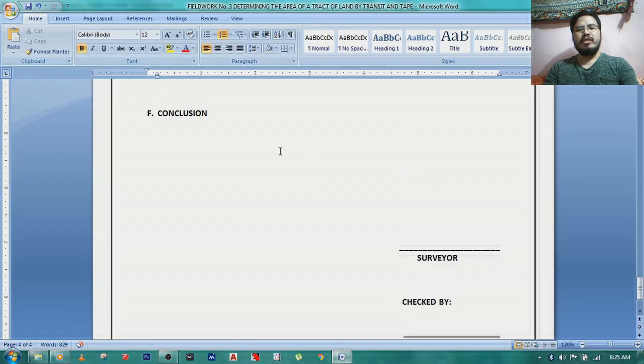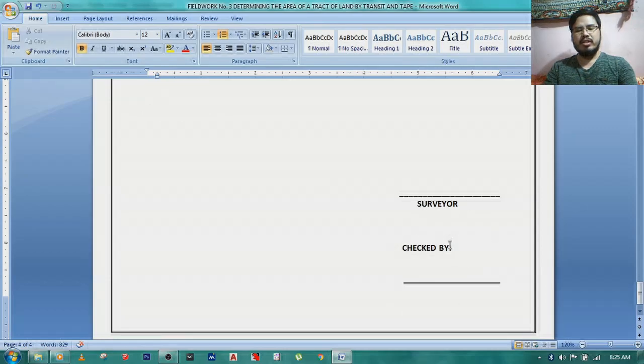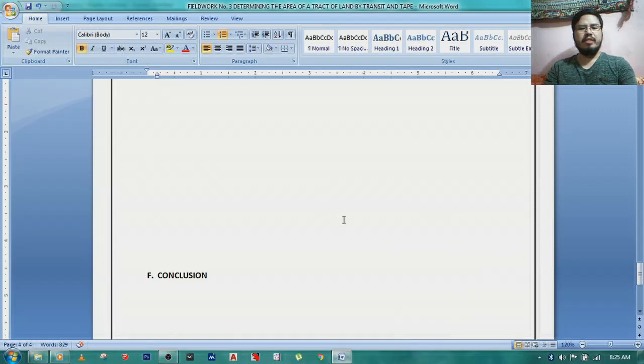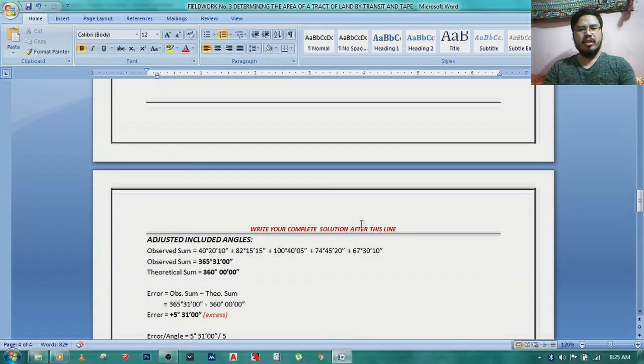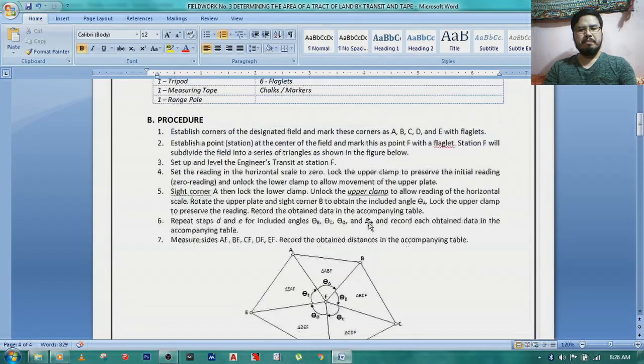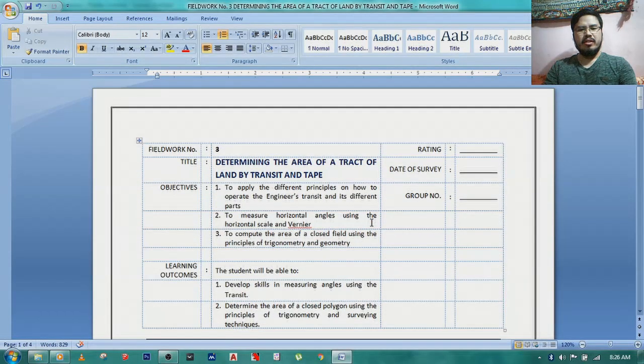After having your conclusion, we have here our space for surveyor. So do not forget to write your name and your signature. Leave the "checked by" blank. So that will be the procedure on how to compute the data of our fieldwork number 3.